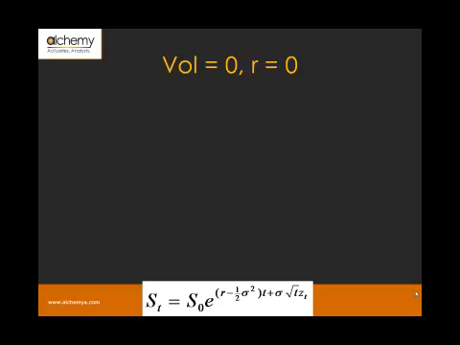More importantly, what does the graph, the plot of prices that we'd seen earlier, look like? Take a second to think about this. If you were to plot prices over a period of time and vol was 0 and r was 0, what would the underlying series look like?